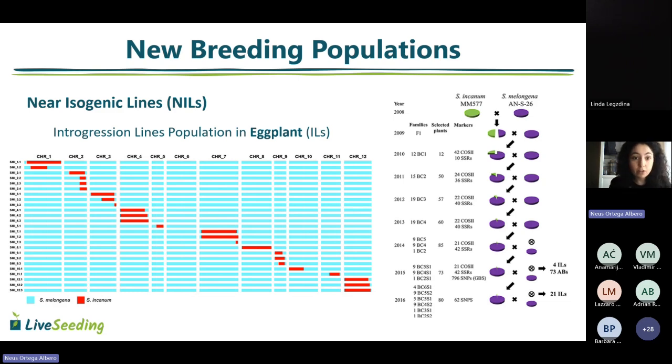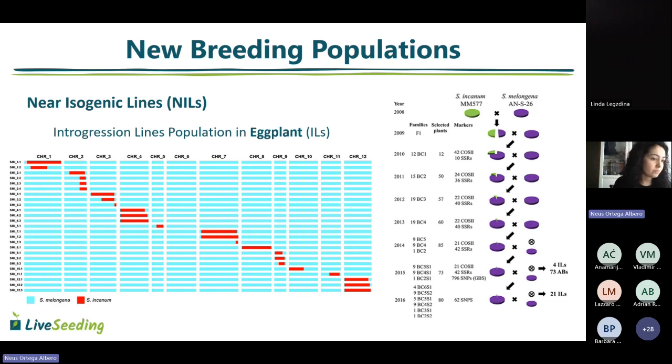What they developed is a population in which I have a commercial line, and then I have represented the genome of a traditional or a wild species into the genome of the commercial line to see which region, which portion, what the genes of these regions, what did they do?